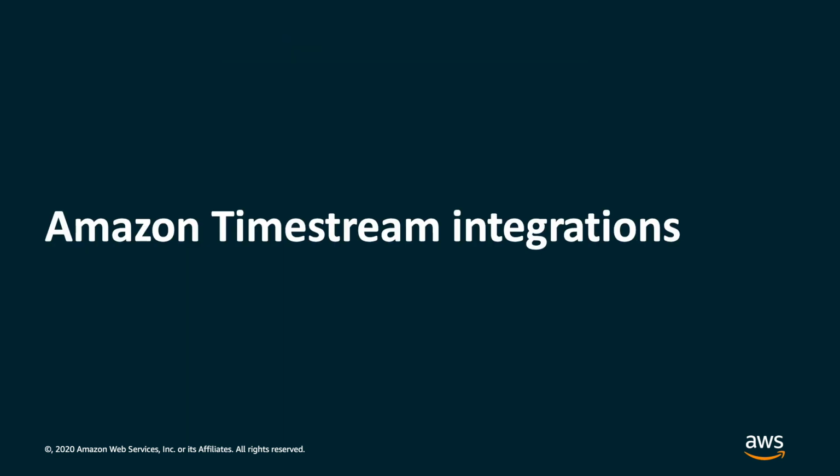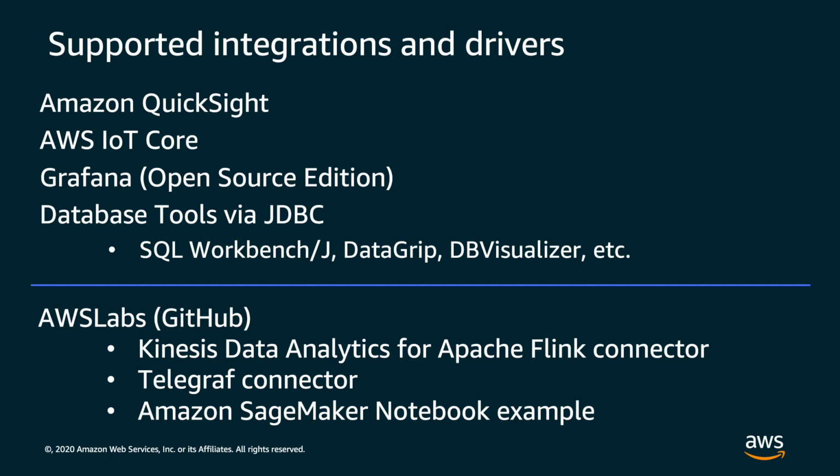So let's go through some of the integrations that we support. The Amazon QuickSight team has built support for Timestream, so if you're a QuickSight user, you'll be able to begin running reports against Timestream. We also have AWS IoT Core, which I mentioned earlier, which can send data into Amazon Timestream.